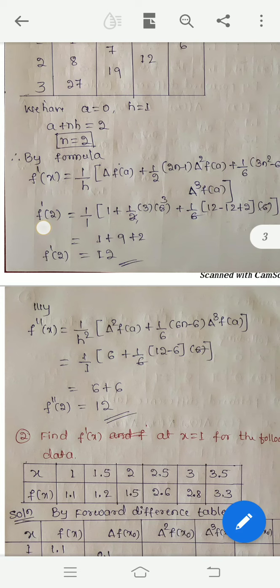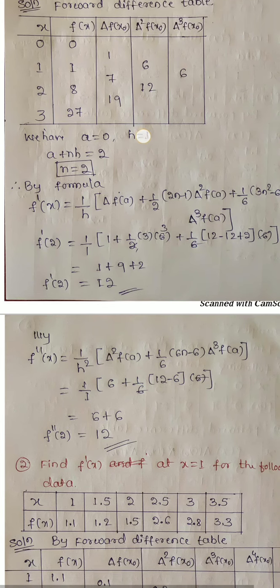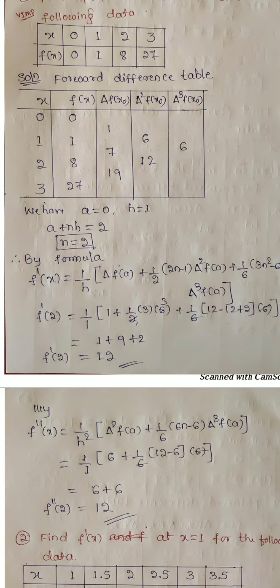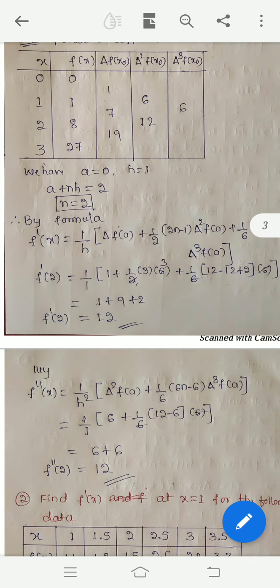Therefore f dash of 2 is equal to, with h equal to 1, 1 divided by 1 into delta f of a. Delta f of a is 1. Therefore it is 1 plus 1 by 2 into 3, where n is equal to 2, so 2 into 2 minus 1, that is 3, into delta square, and the delta square value is 6 here.